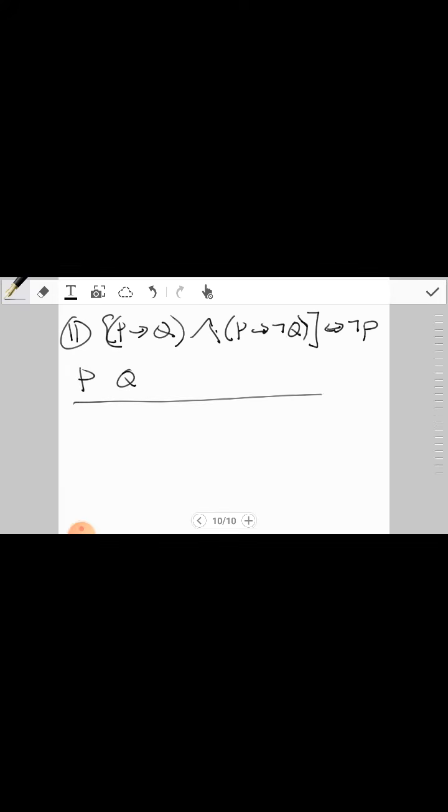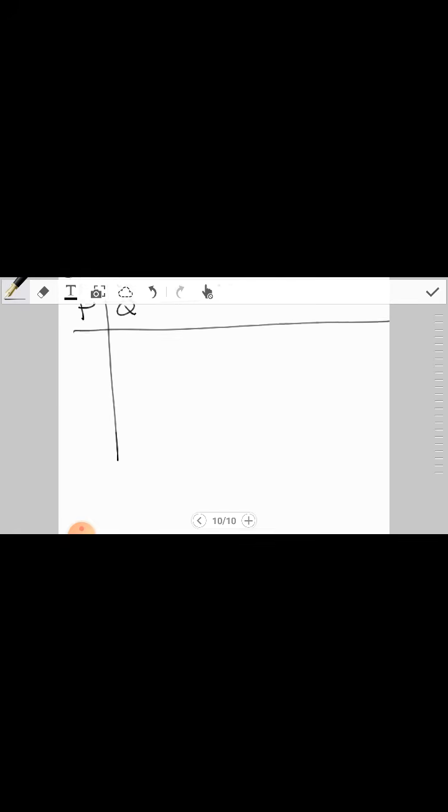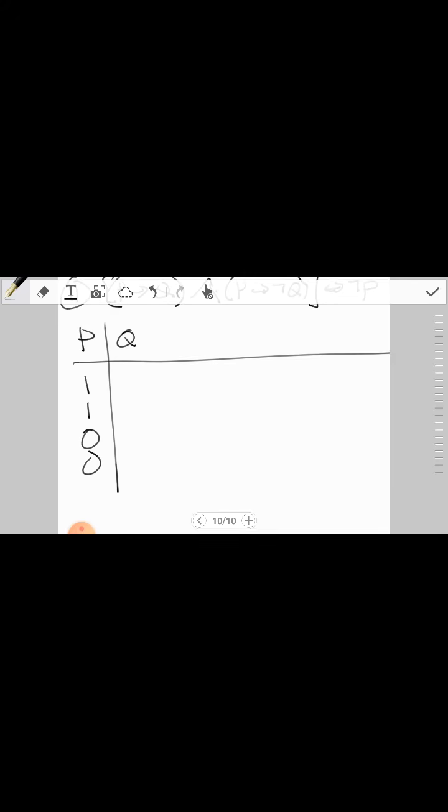P implies Q and P implies not Q being equivalent to not P. There are only two propositions, P and Q. So, truth table lang tayo. We have 1, 1, 0, 0, 1, 0, 1, 0.